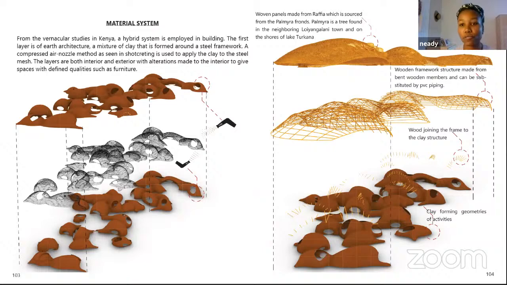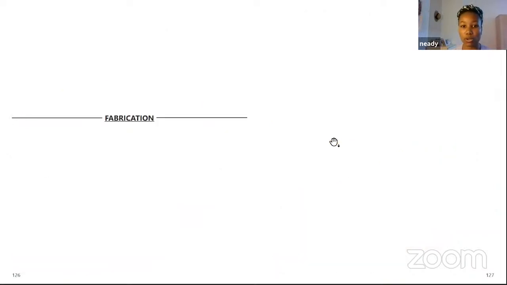And because of the hotter climates, there would be shading to cover the activities that are not necessarily within physical spaces. This would be woven along a framework of wood or timber, as is seen in the northern region.